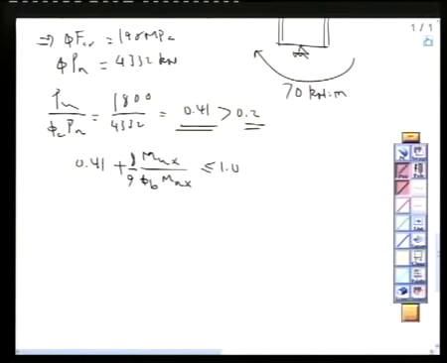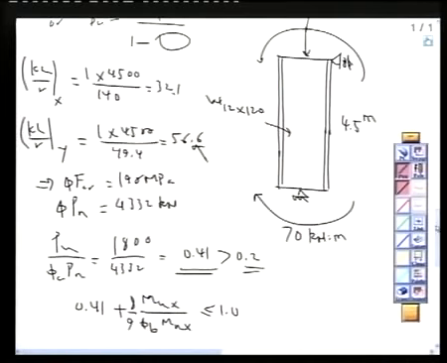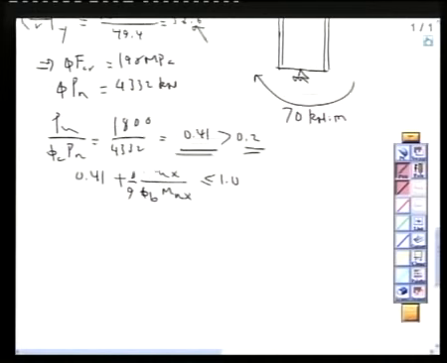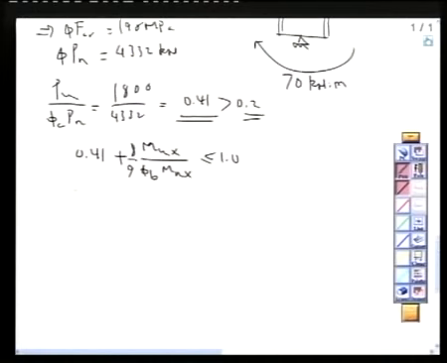Do we have a braced or unbraced structure here? Braced. If it is braced, then we have beta 1 equals Cm over 1 minus B ultimate divided by BE, but here BEX.